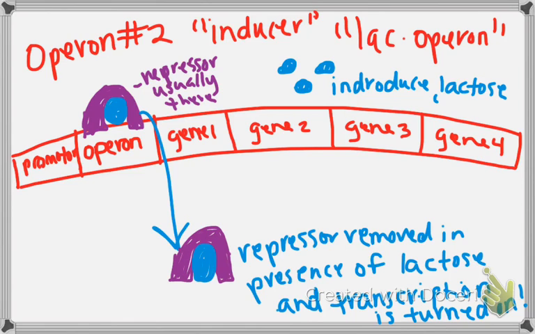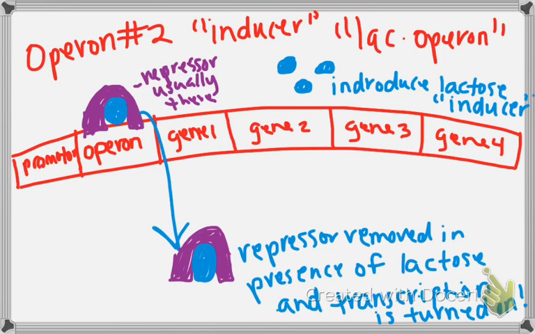Lactose over here is an inducer. Remember, inducers are turning on switches. Because lactose showed up, he was able to fill in the opening space of that repressor.